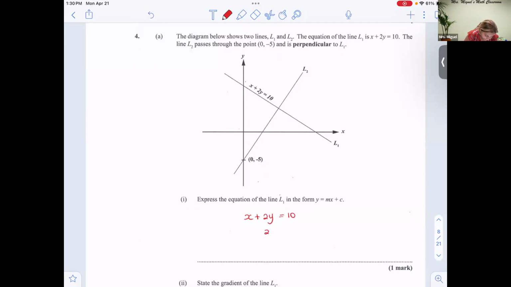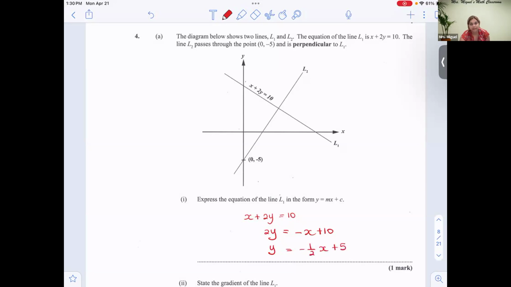So we're supposed to have 2y equals negative x plus 10, but we don't want the equation to say 2y. The equation must say 1y. So we have y equals negative a half x plus 5.